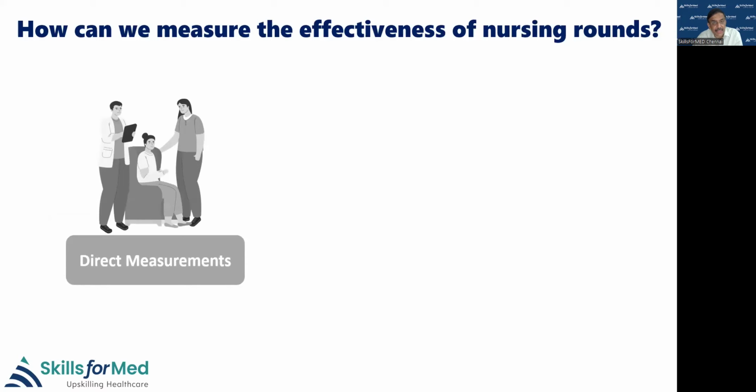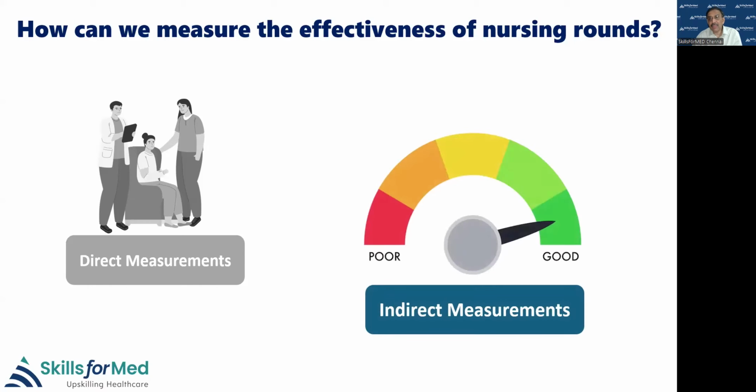Now, how can we measure the effectiveness of the nursing rounds? Unfortunately, there are no direct measurements which can tell you the effectiveness of nursing rounds. So we need to look at proxy measurements, indirect measurements, which will tell you indirectly that the nursing rounds were effective. Now, what are these measures?